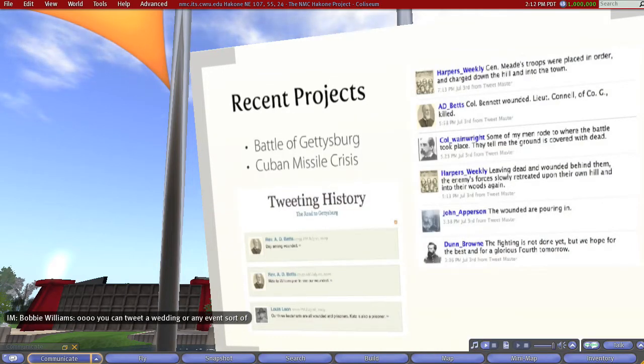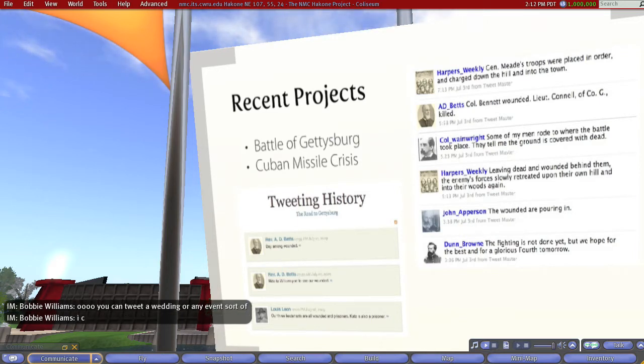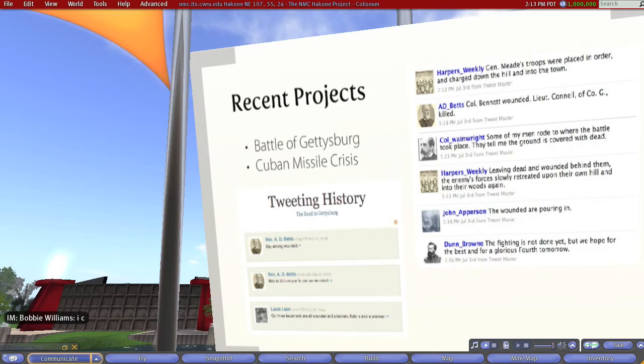And just to mention a couple of the recent projects, Marion shared a little bit about the Battle of Gettysburg, and that really was the first experience we had with using Twitter, creating these accounts, representing these historical figures, and then carrying out a reenactment using that space to give the different perspectives from each of those historical figures.